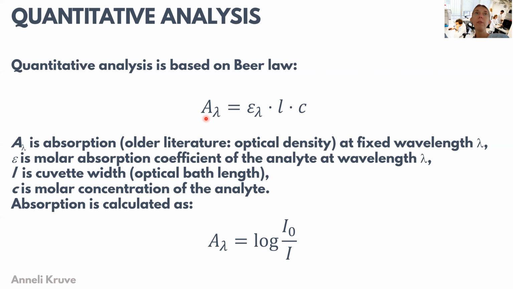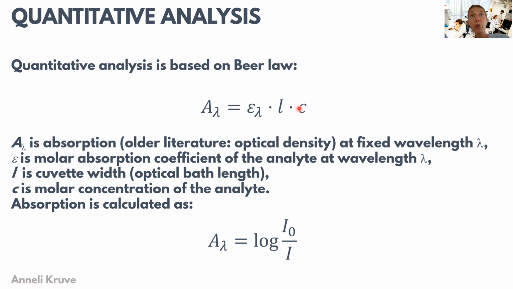And the quantitative relationship between the absorbed light at the wavelength lambda is associated with the concentration of the solution in a linear manner. And this association is called the Lambert-Beer law, and it tells us that the absorption at the wavelength lambda is proportional to the concentration of the analyte.